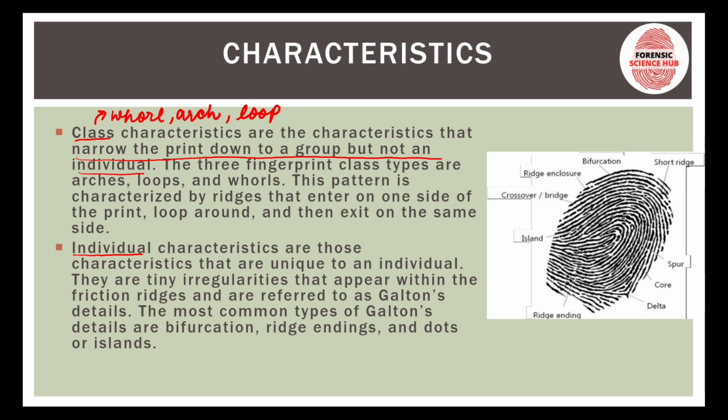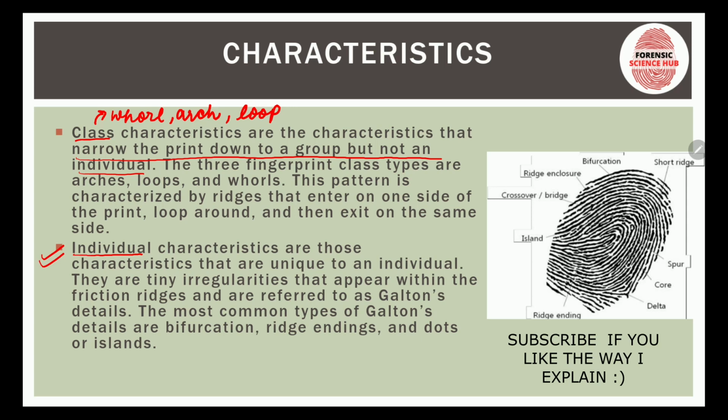Everyone has different sets of fingerprints, right? And also their subtypes, for example ulnar loop, radial loop, tented arch, plain arch. These are also class characteristics only, but they will not help us get to a particular individual. For that we need individual characteristics to match.